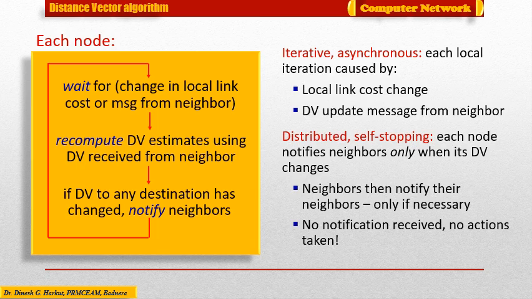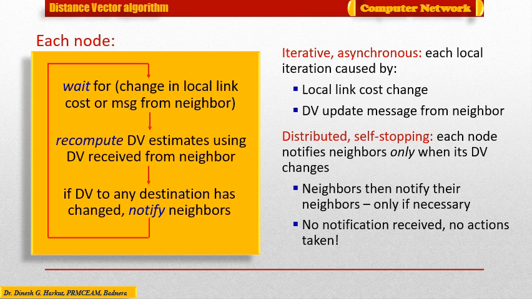Indeed, the only information a node has is the cost of the links to its directly attached neighbors and the information it receives from these neighbors. Here, each node waits for an update from any neighbor, calculates its new distance vector when receiving an update, and distributes its new distance vector to its neighbors.